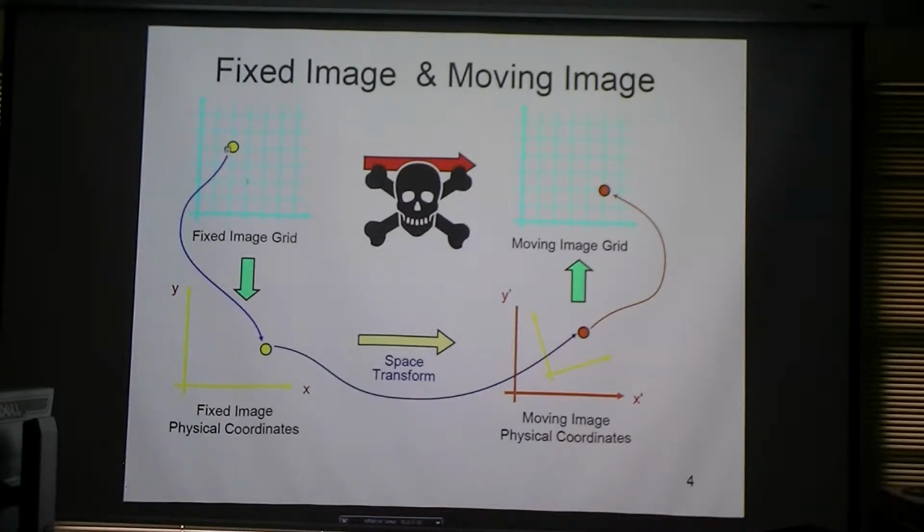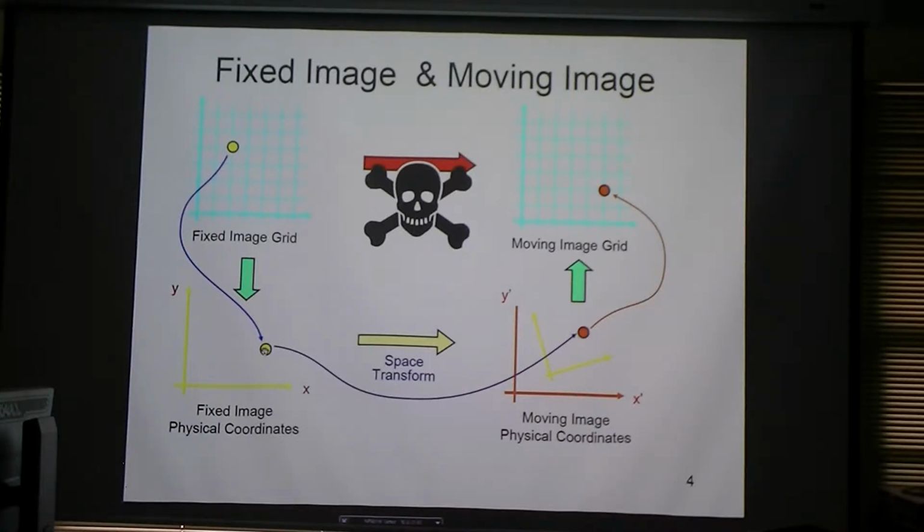Here we can see that if we have a point or pixel in the fixed image grid, and we show this pixel as a point in the physical coordinates, and we transform it into another physical coordinates for the moving image, we can see that the physical coordinates of the fixed image and the moving image are not in the same position.